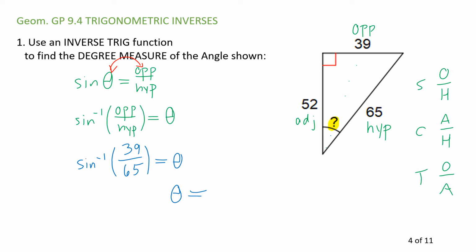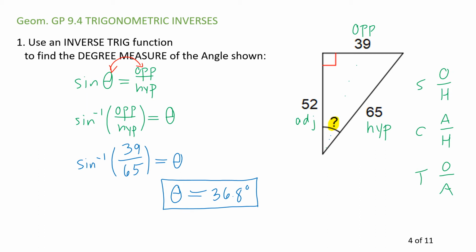It depends on the calculator you're using, obviously. You can go ahead and type in 39 divided by 65, and I get 36.8 degrees. I look over here and I say, yeah, that looks like it could be a 37-degree angle. I have found the angle measure using the inverse sine function.